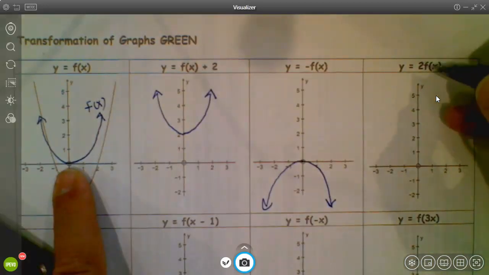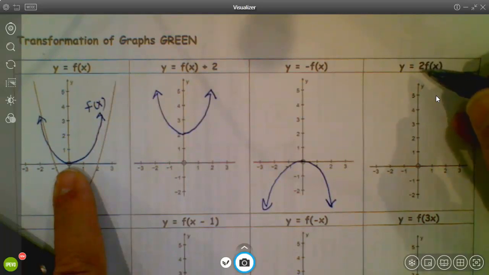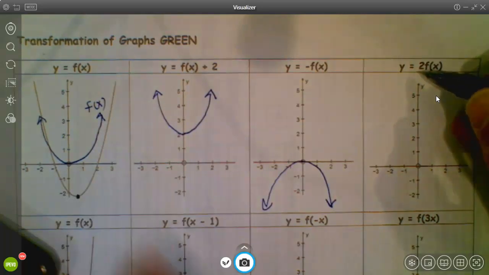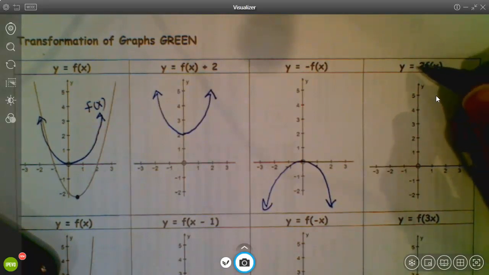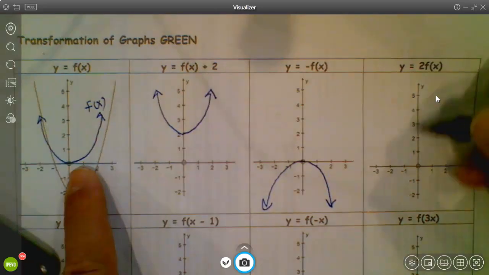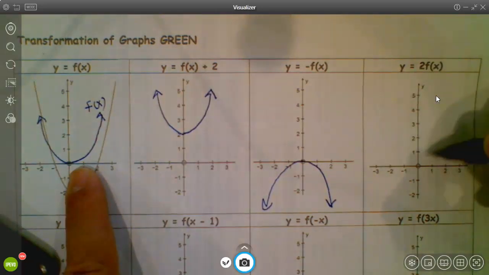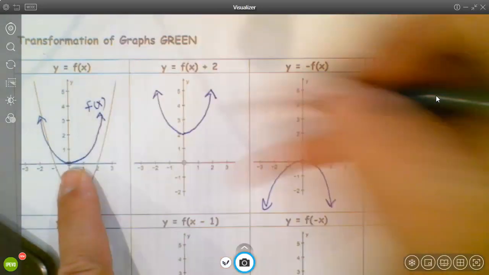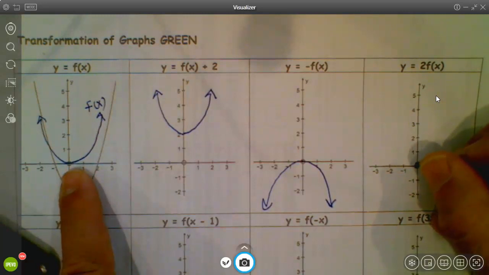Okay, so here's one. Now we're going to multiply 2 times the entire function. It is not attached to x, therefore it must affect my graph up or down. Remember, this would multiply the y values by 2, which means I'm going to get a vertical stretch. Let's just take a common point here. We're still going to be at 0, 0.